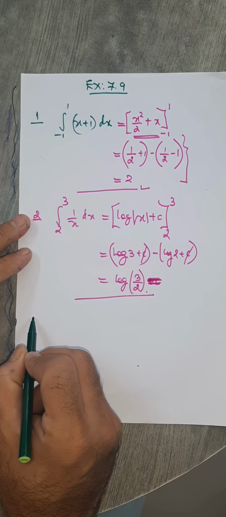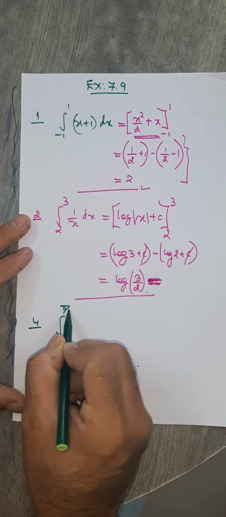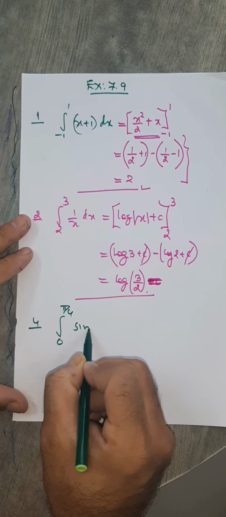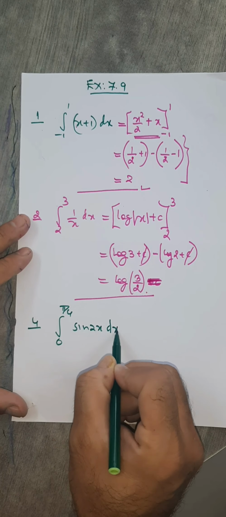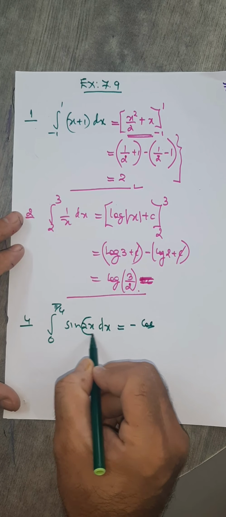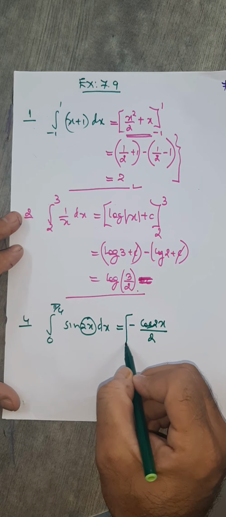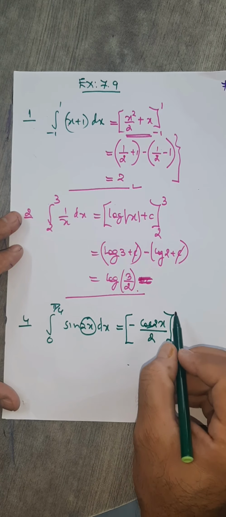Okay, I'll go to fourth question. Integral 0 to pi by 4 of sine 2x dx. You know integral of sine. What's integral of sine? That is minus cosine. This is linear function, remember, so divide upon the coefficient of x. And what are the limits? 0 to pi by 4.